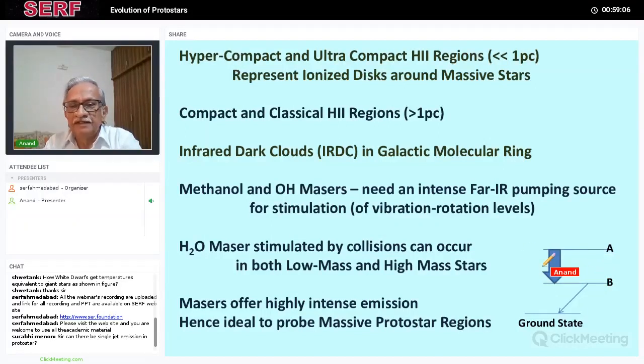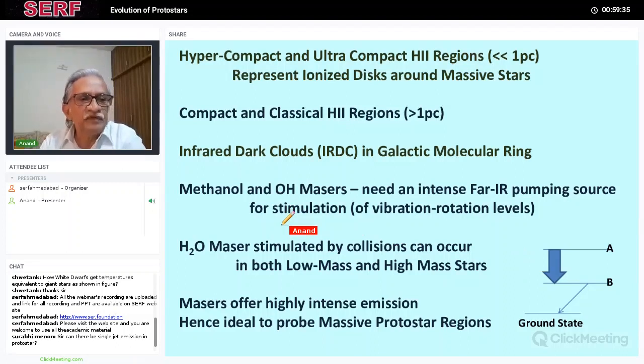But population inversion can be done by pumping up this level preferentially by another source, such as this here, and then you have population inversion. This is not a thermal equilibrium mechanism, it is a non-equilibrium mechanism, and then they cascade down to give you the maser emission, very intense maser emission.